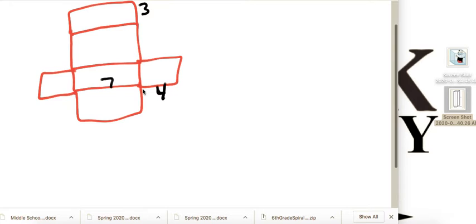Okay, so at this point we have to find the area of each of these surfaces. So if I need to find the area of this one right here, I know his width is 3, but I do not know his length. But if I see this 7 down here, if he's 7, that means all of these are 7. So I'm going to label this one A. A would be 7 times 3, which means A would equal 21.